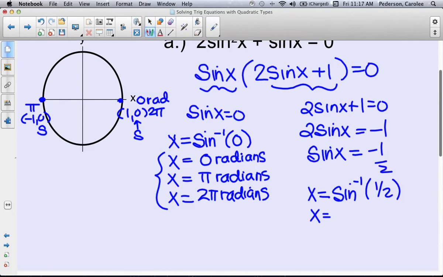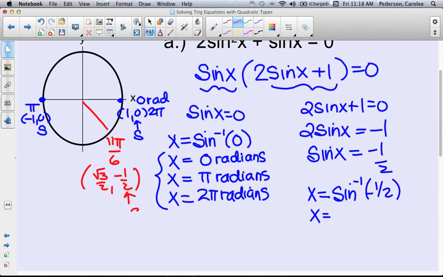The sine of x equals -1/2. So on the unit circle, think about 11 pi over 6, because that ordered pair is square root of 3 over 2, -1/2. There's your sine value for 11 pi over 6.